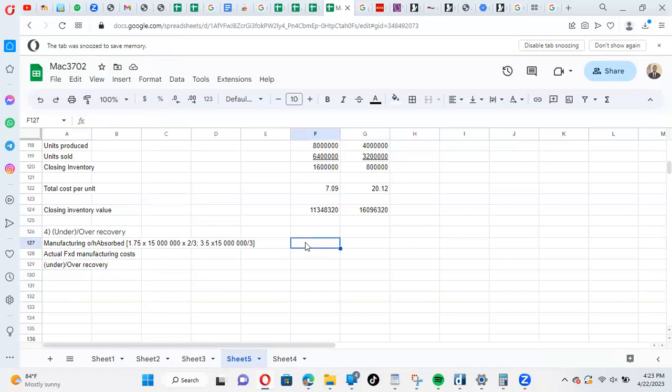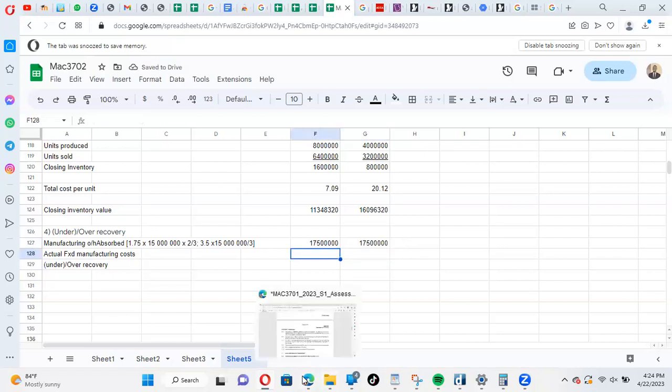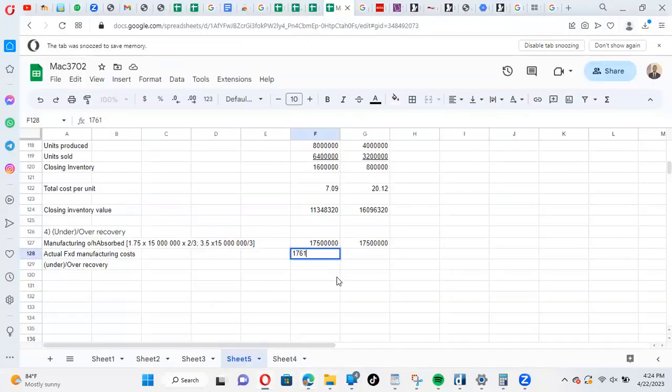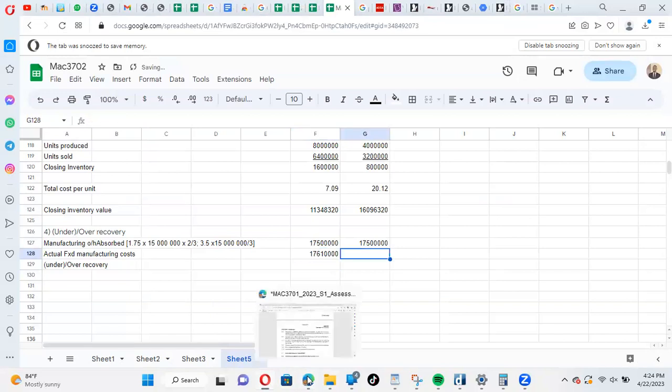All right. So our calculation here was 1.75 times 15,123 times 2 divided by 3, right? That amount that we got, times 15,123 divided by 3, right? Yes. And then we go to the actual. So our actual was 176,123, and then 16.98.